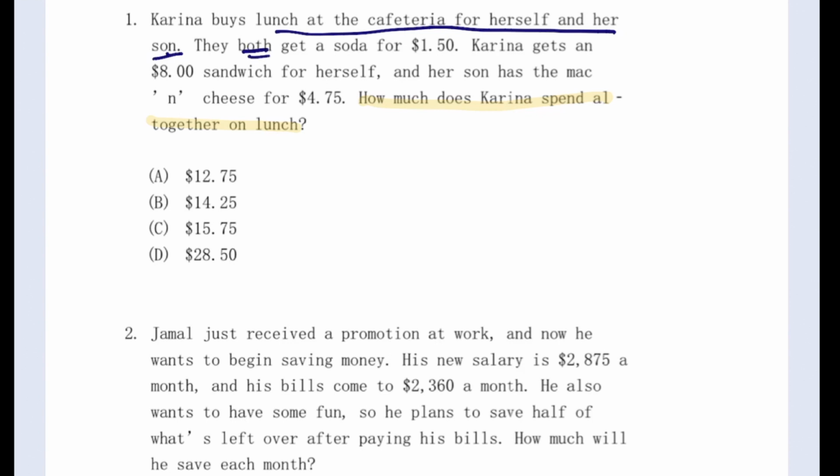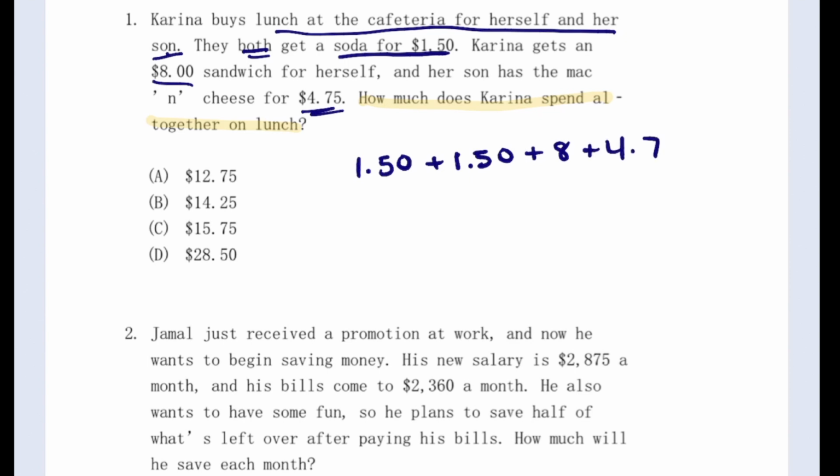So we know that they both got a soda for $1.50. So that's $1.50 plus $1.50. Then we know Karina gets an $8 sandwich, so we're then going to add $8. And her son gets the mac and cheese for $4.75, so we will add $4.75.